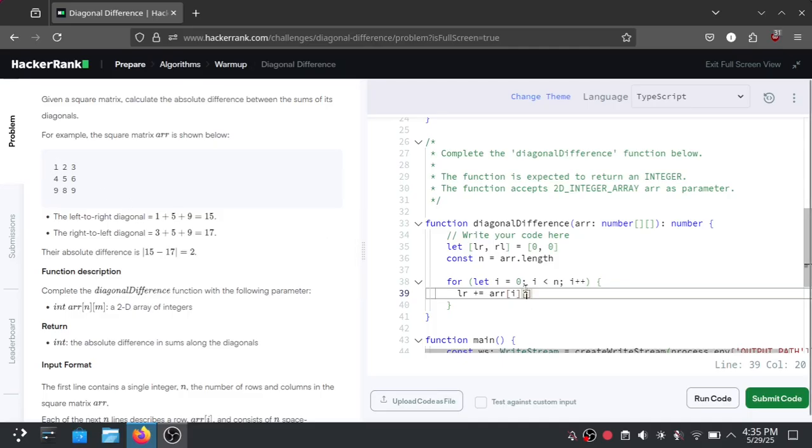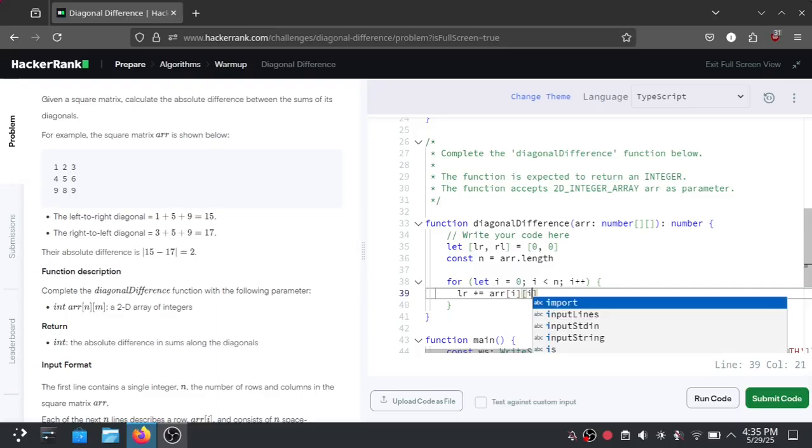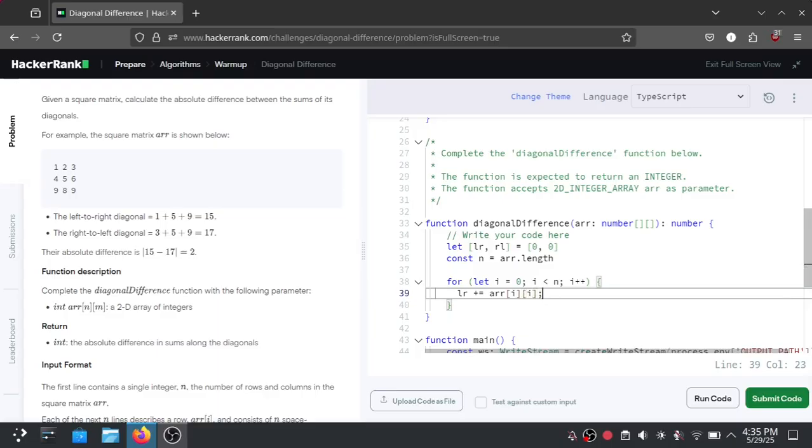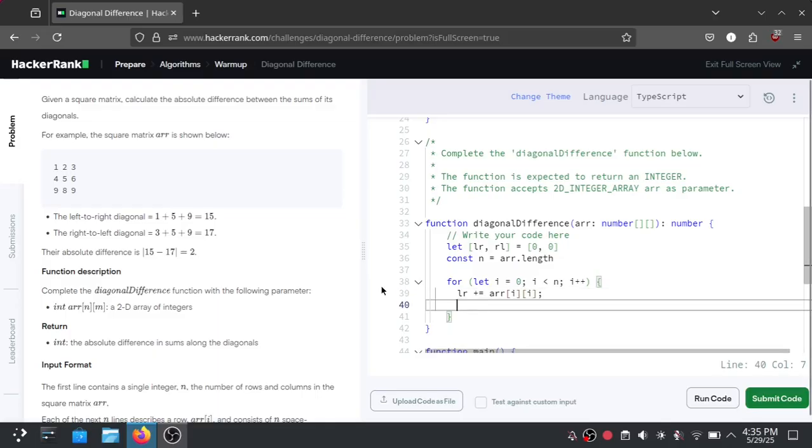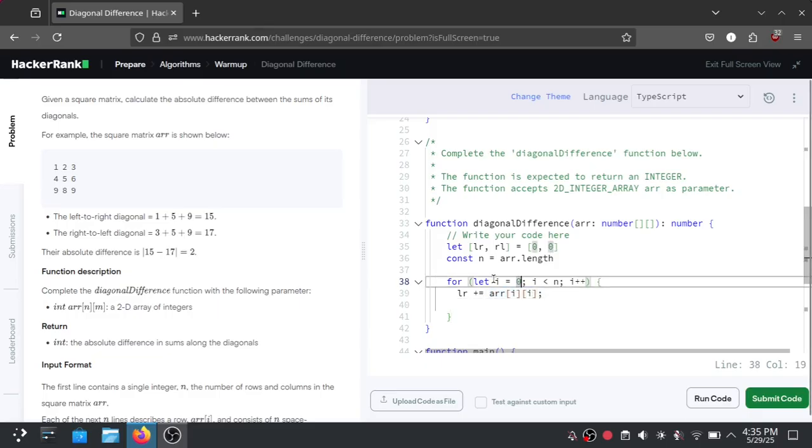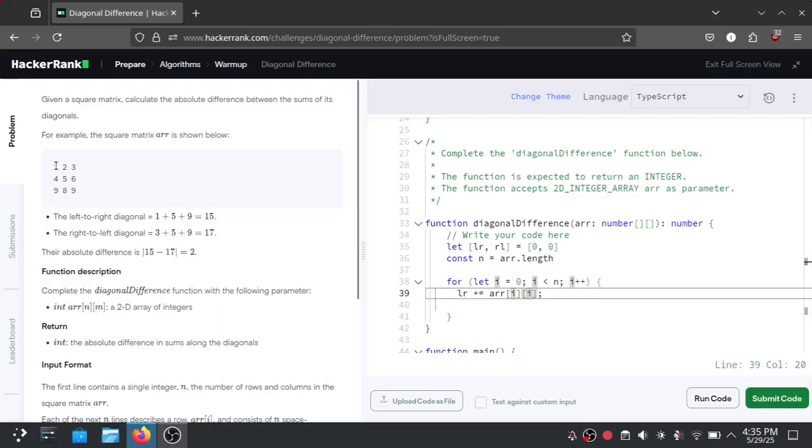So we are also using the I, which is 0, the current iteration 0, and then if we are on the second iteration, which is I equals 1, then the array will be pointing to 1, and then the second dimension will also be pointing to 1, which is the I, this is the I, and this is the J, which is 1.